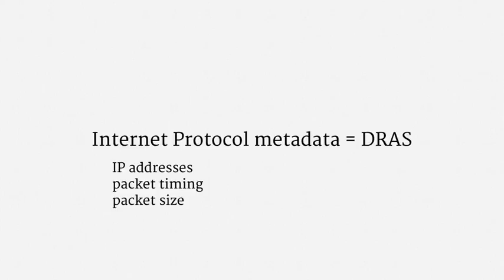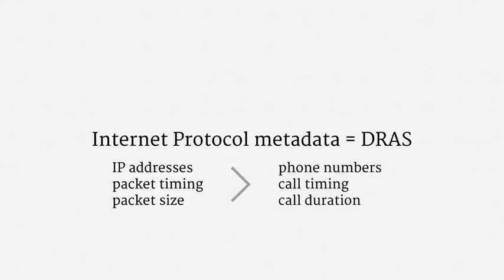Internet Protocol metadata fairly closely parallels telephone metadata. IP addresses work a lot like phone numbers, and packet timing and size are a lot like call time and duration. Some computer scientists have emphasized that a pattern of packets can be highly revealing, in a way that phone calls might not be. But those views haven't gained traction in legal circles. So, that's the IP layer.